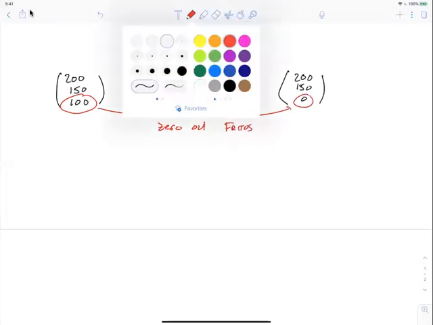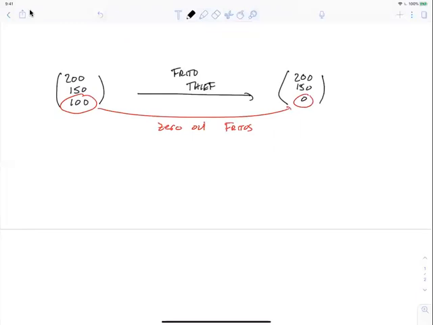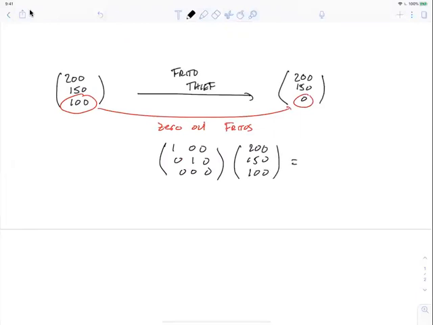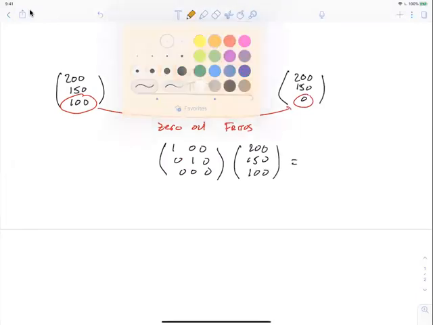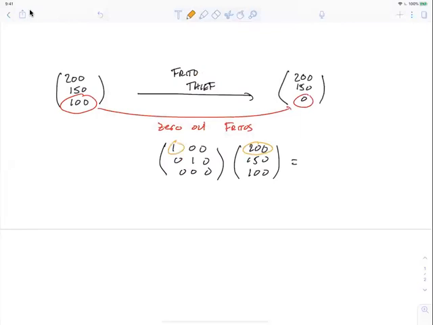And so this turns out to be the same thing as a linear transformation that looks something like this. If we multiply 200, 150, and 100 by this matrix, the number of nacho cheese is going to stay the same. So that's just 200.